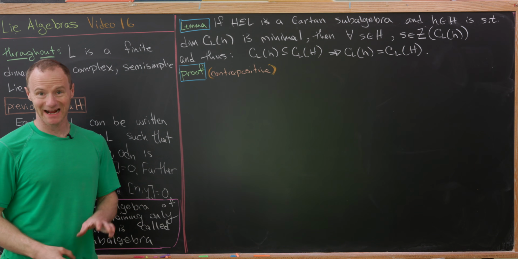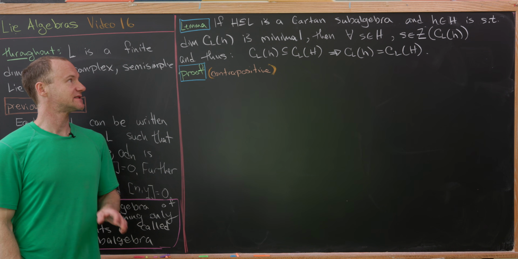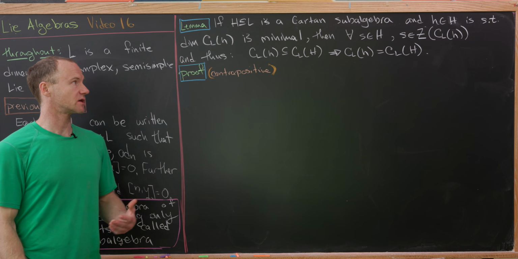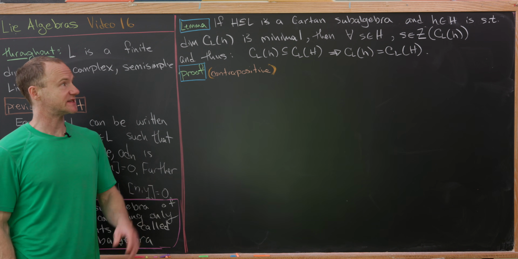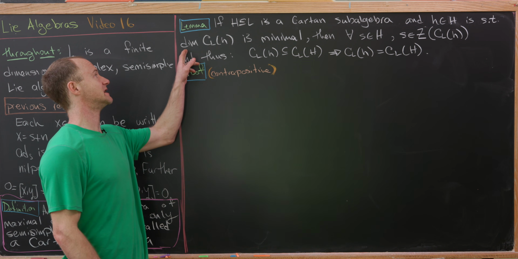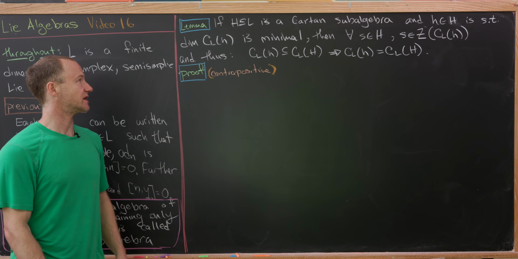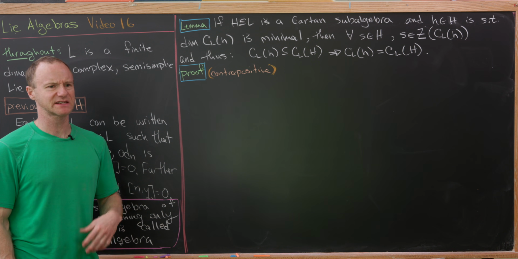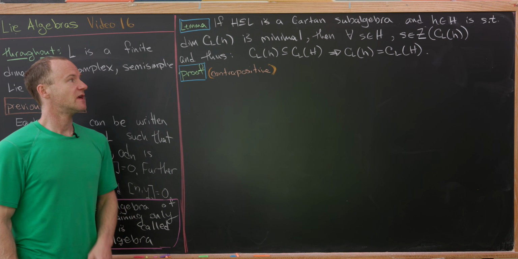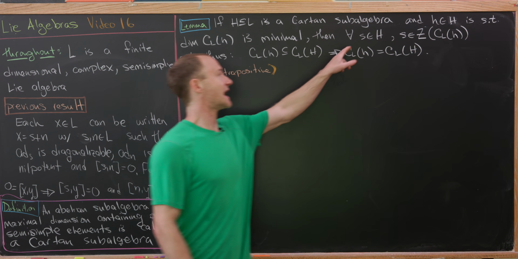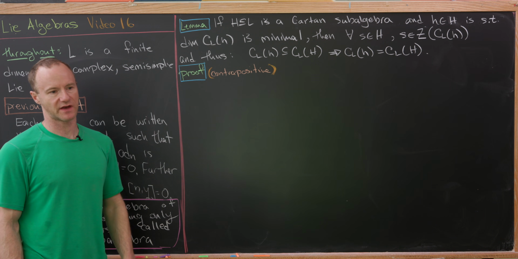Now for our technical lemma, which will lead to the main result of the video. And that says if we have a Cartan subalgebra H and we take a little h inside of H so that the dimension of the centralizer of h is minimal, recall that that's going to be everything that commutes with little h, then every s in H is in the center of the centralizer of h.